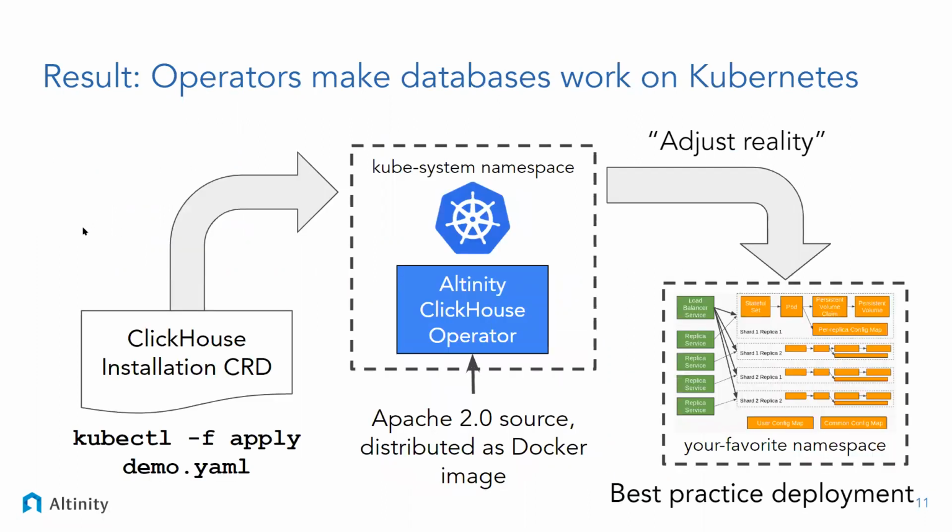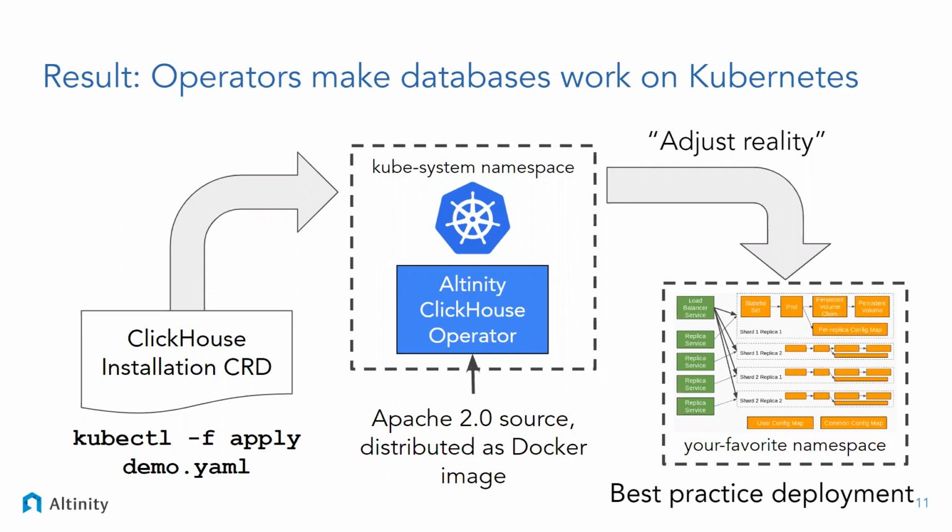So what we did then is we took this model. It was when we started working on our ClickHouse operator, back in 2018. This operator model was actually fairly new at that time, but we began to work on it. And so the operator, as it stands today, almost 5 years later, is distributed as a container, so as a Docker image.